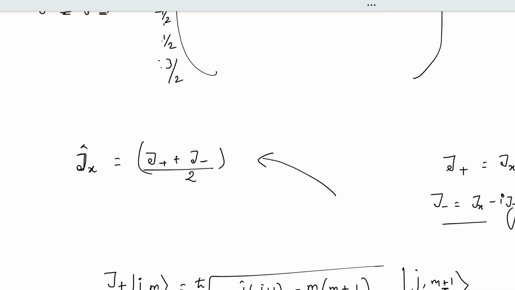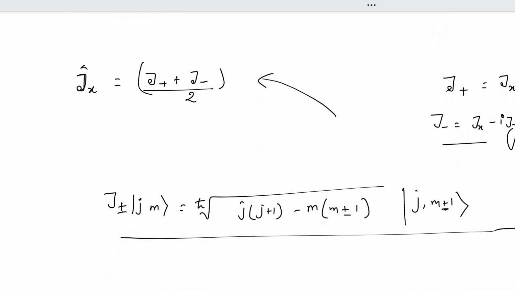Now <j m prime| Jx |j m>, how to write that? So you have to use the Jx form in terms of the ladder operator. So let me write down the ladder operator first.